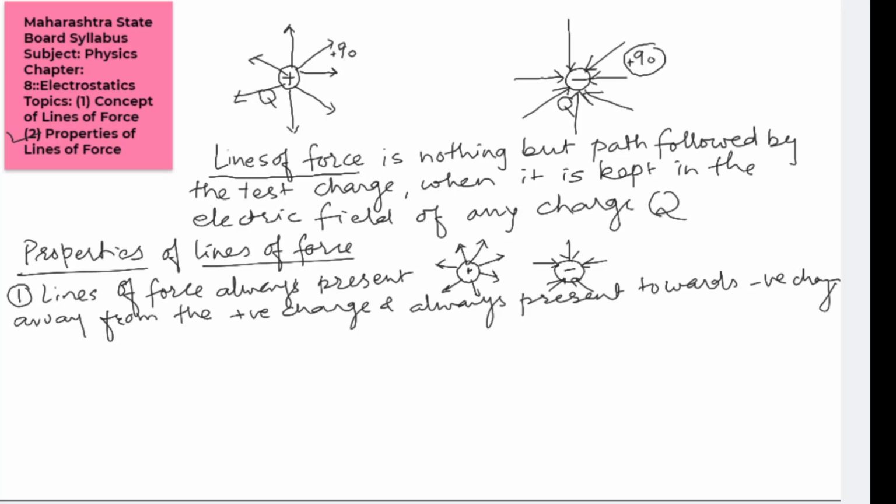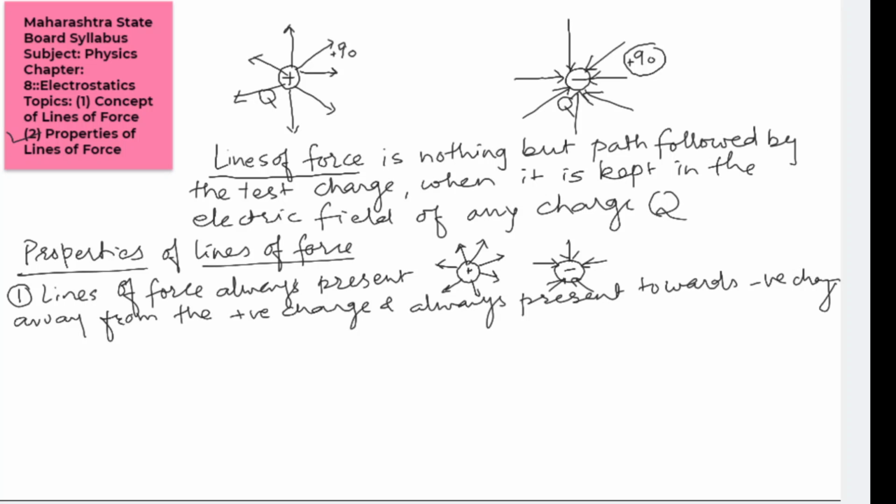So if we want to show the lines of force, then they are always represented away from the positive charge, and always towards the negative charge. So this is the first property.